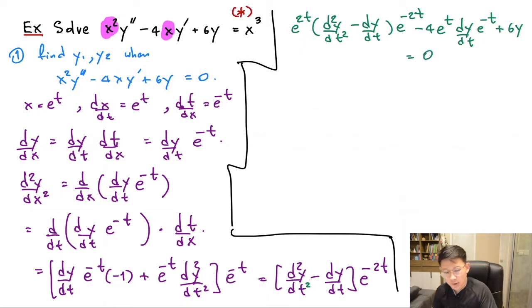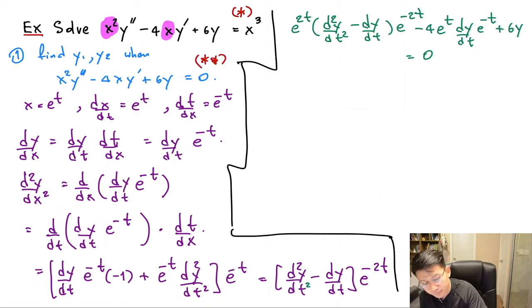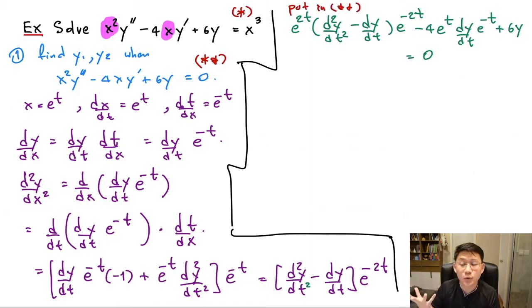Sorry, I substituted not into the equation star but into the equation double star, because right now we are solving the case when R(x) is 0.